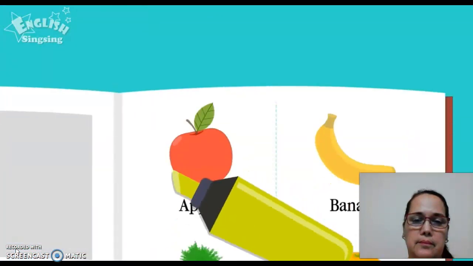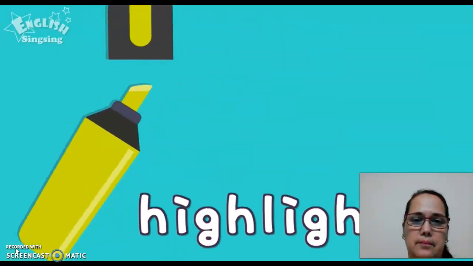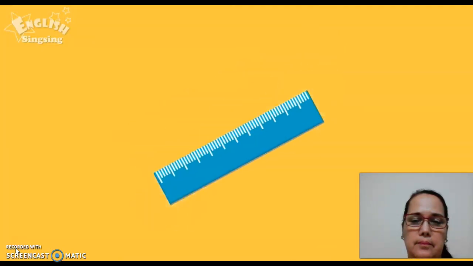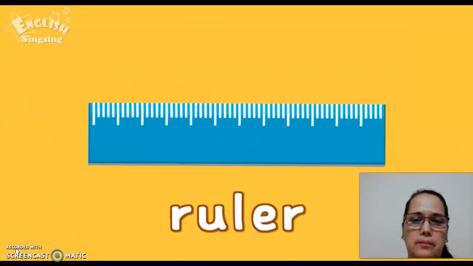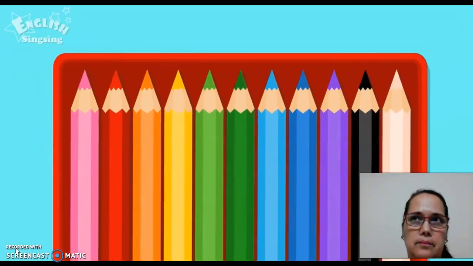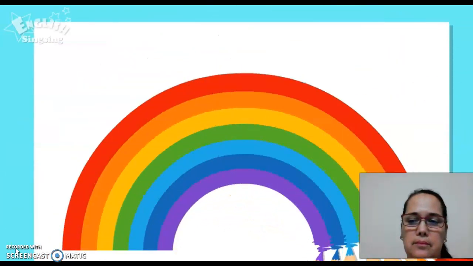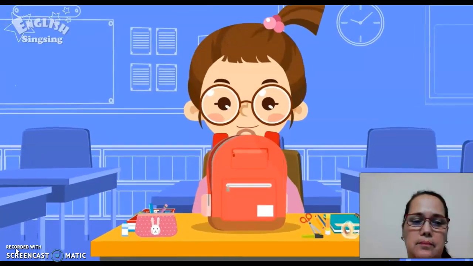It's my highlighter. I can mark with it. Highlighter. Highlighter. It is my ruler. I like to measure. Ruler. Ruler. These are my color pencils. I can draw a rainbow. Color pencil. Color pencil. There are things for school in my backpack.